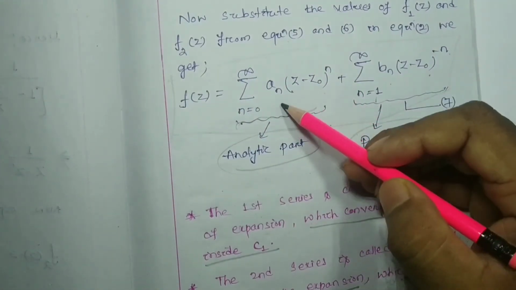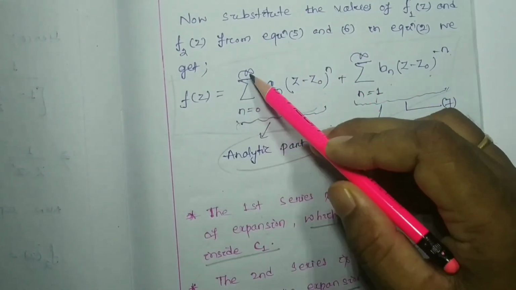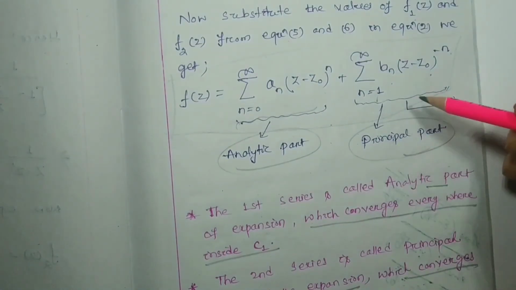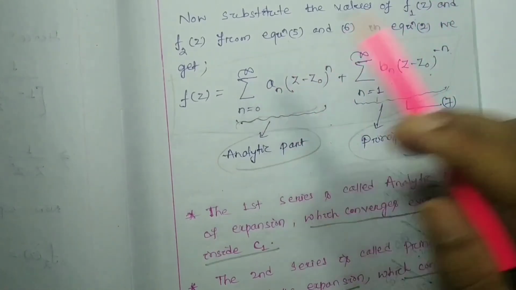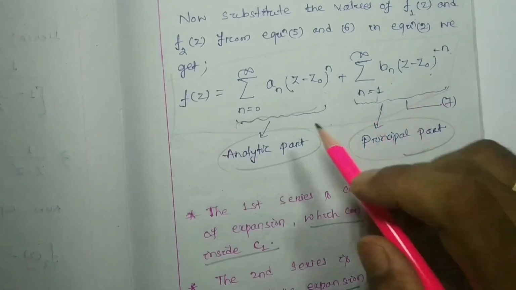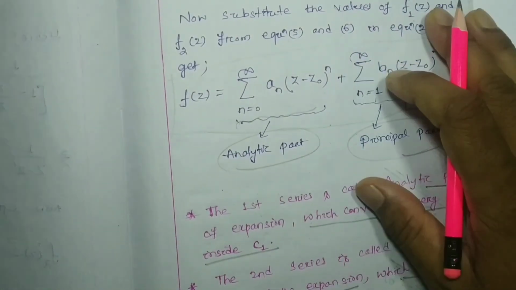The Taylor series is nothing but summation over n equal to 0 to infinity an (z minus z0) to the power n. So if a function does not have the principal part, then the Laurent series of that function is nothing but the so-called Taylor series. Okay, so that we are going to discuss in detail.